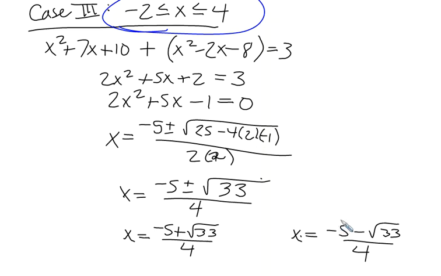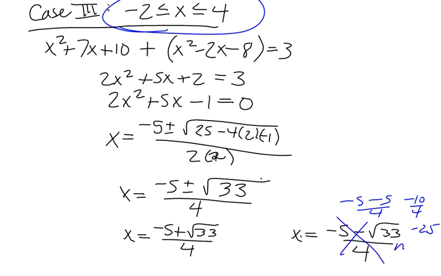Guesstimate things a little bit if you don't have a calculator. Square root of 33 is going to be somewhere between 5 and 6. So this is going to be something like negative 5 minus 5 all over 4, which is negative 10 over 4, which would be negative 2.5. That would not fall in the case, so this one is not going to work.